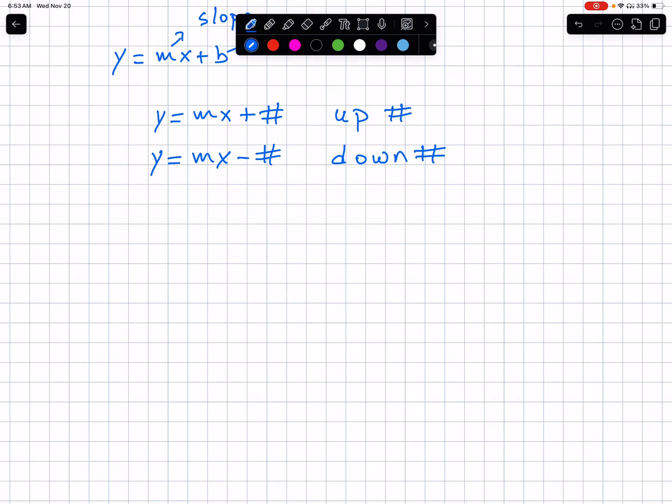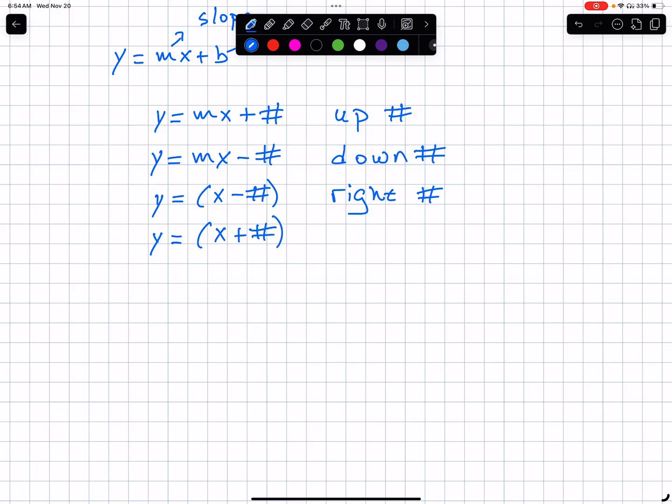Then if they give us y equals, not absolute value, but the quantity, parentheses, x minus a number, the graph moves to the right, whatever that number is. If we have y equals, in parentheses, x plus a number, then it moves left, whatever that number is.